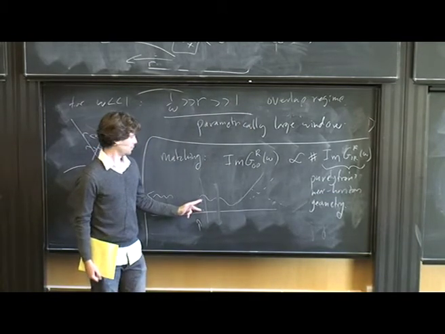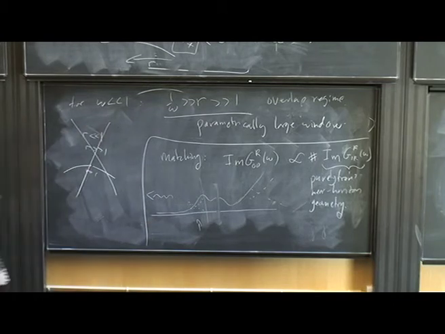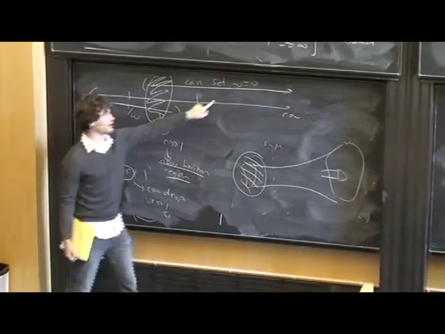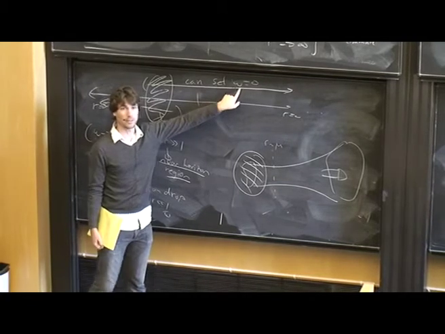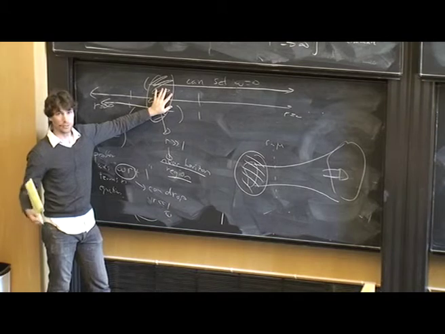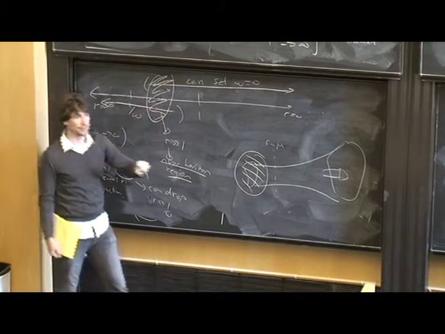Another way of saying it: when you solve the wave equation in this overlapping regime, the ultra simplified regime, you take r large and set omega to 0. You'll find the solution is typically these two powers, and it's the ratio of the coefficients.